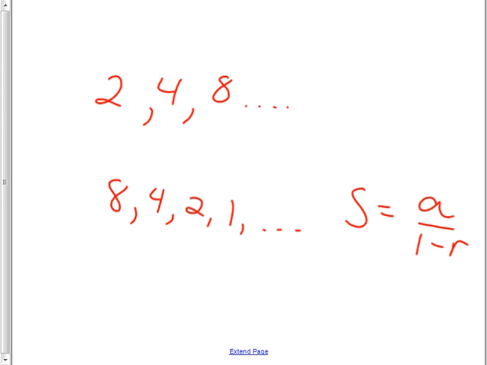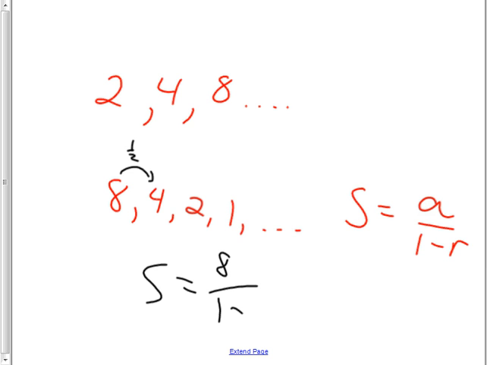So use the formula, and it's S equals A, which is starting amount, over 1 minus the R. 1 minus, in this case, R is what? How do you get from here to here? Times a 1/2. And that I could have gotten by taking 4 divided by 8. Gives me the 1/2.